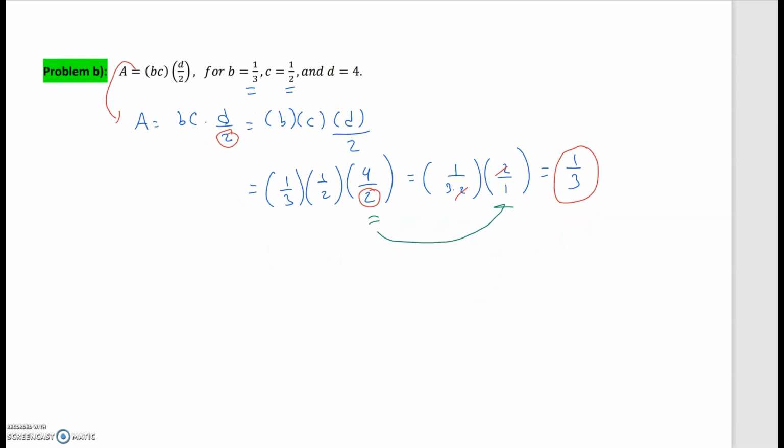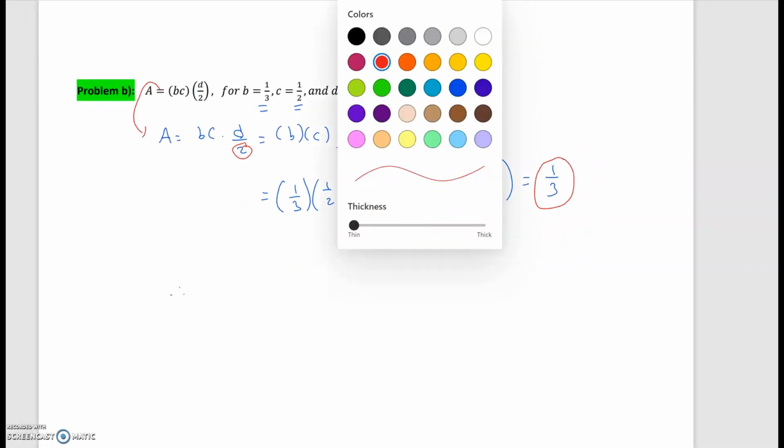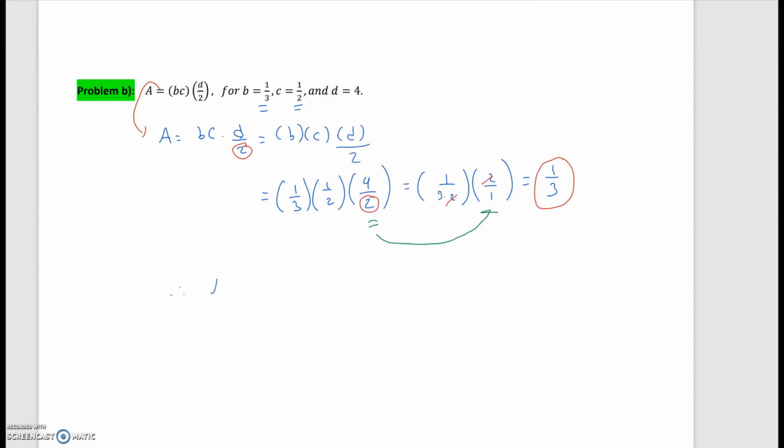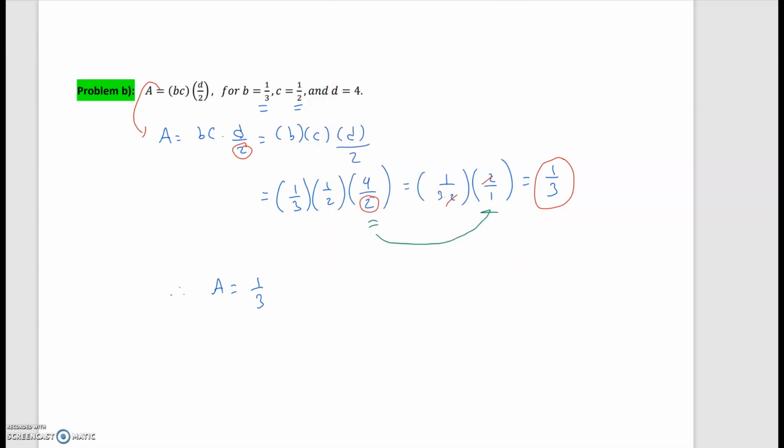However, this particular one is given as an equation. So I'm just going to rewrite it as A is equal to 1/3. It's a little bit different than the previous one because this one happens to be an equation. We typically use this to find some unknown if you're given a formula.